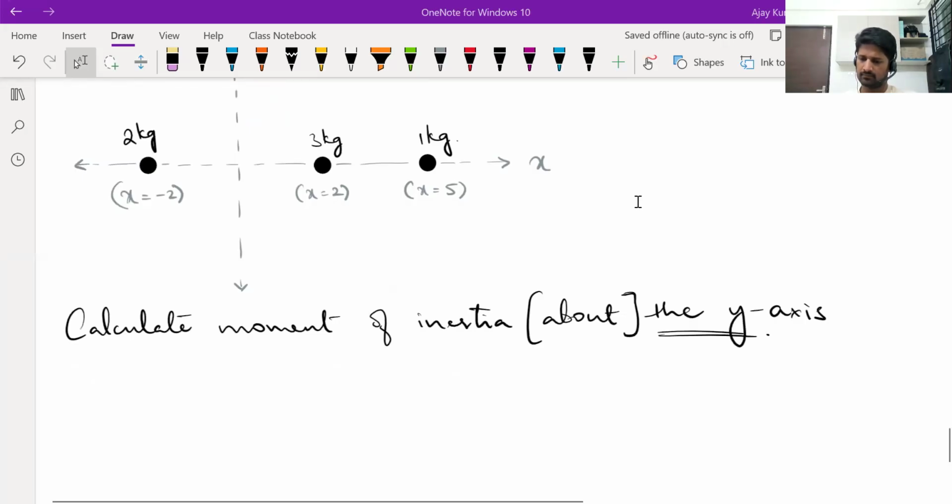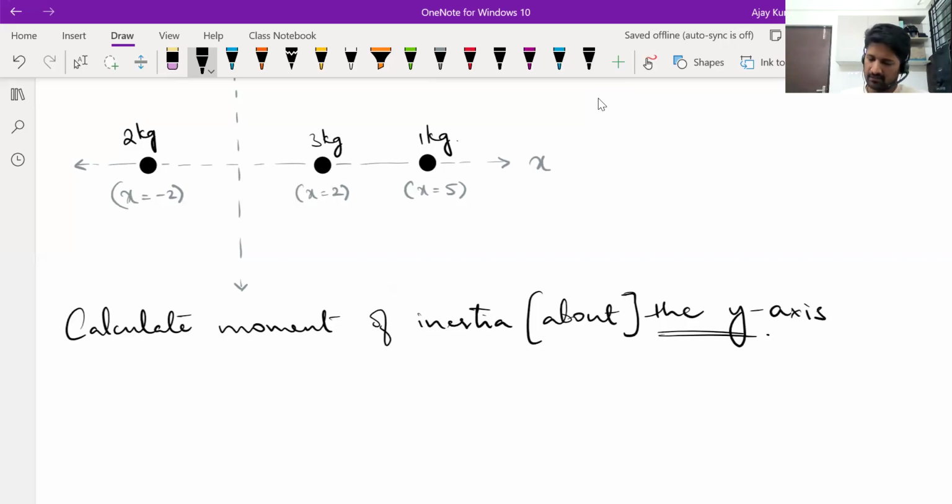Why are you combining all the masses? Pawan, how are you trying to calculate this? Okay. 2 into -2 whole square, you should not take -2. It's the square of distance, no? So 2 square only you'll have to take.